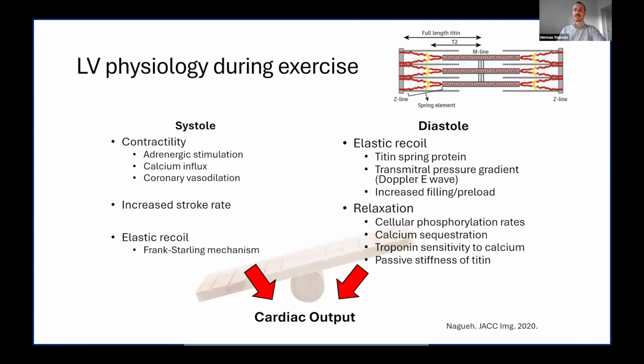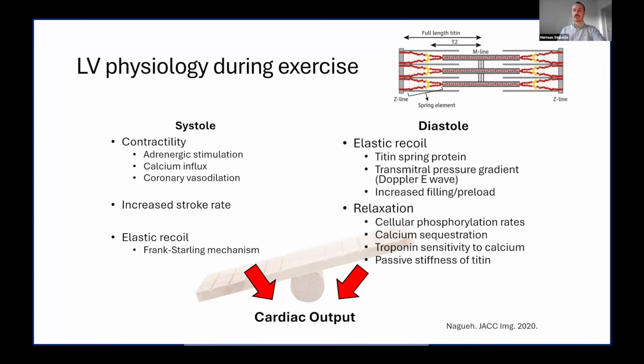One of the primary mechanisms is that same elastic recoil force that's generated when the ventricle is fully compressed. This recoil force allows the LV to generate a much larger transmitral pressure gradient, which we typically see as the Doppler E wave on the echo. This leads to increased LV filling and preload in between every stroke. There are other mechanisms that further enhance LV relaxation to further help with filling.